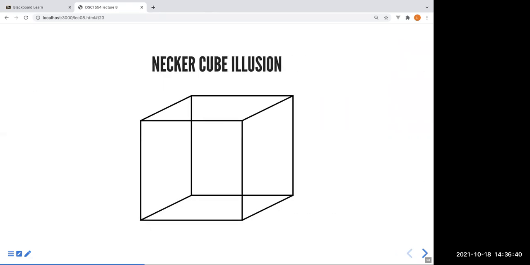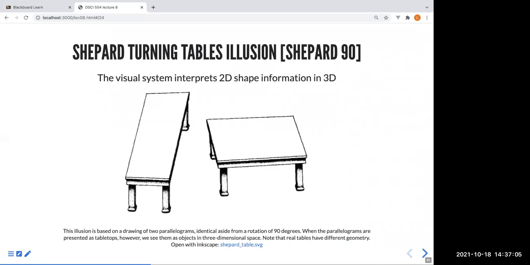Necker cube. For this one I actually have a concrete example in charts. You're familiar with this one, and it's what is called bistable, meaning that you don't know which face of the cube is in front, because you can interpret it both ways. I'll give you an example on that.